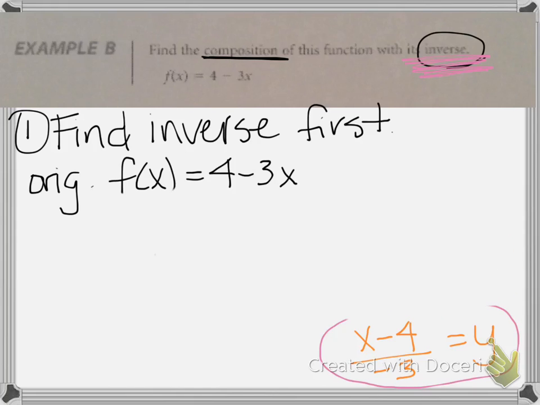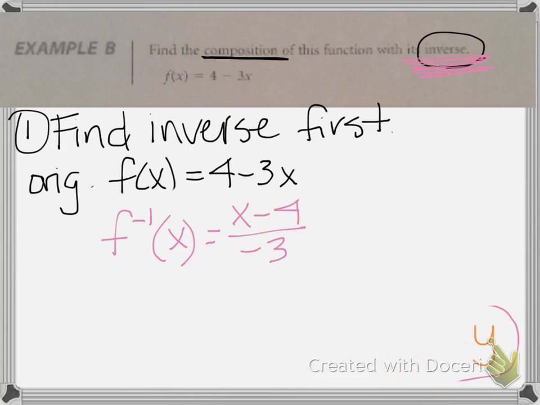Okay, so here we have the original function and the inverse. And the way we write the inverse is we notate it with a negative 1 in between the f or the g or the h or whatever letter we happen to have there and the x. And that means the inverse function. So this is x minus 4 divided by negative 3. So that's our inverse function there.